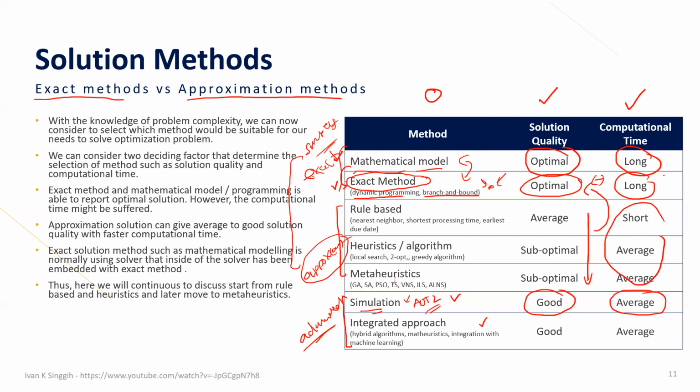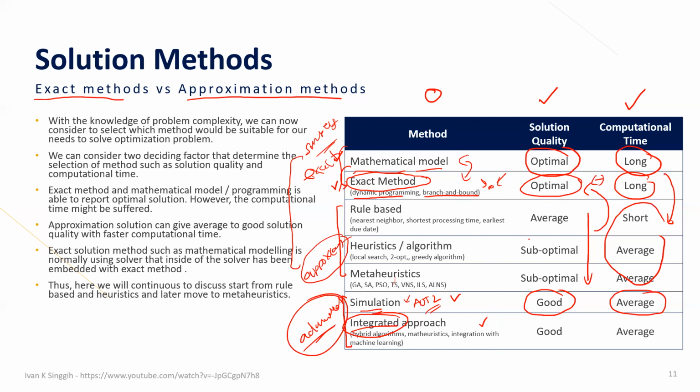That's why, the other way, we sometimes combine them. This advanced approach normally integrates the good property from exact solution with the good property of approximation solution. What is good from exact solution?